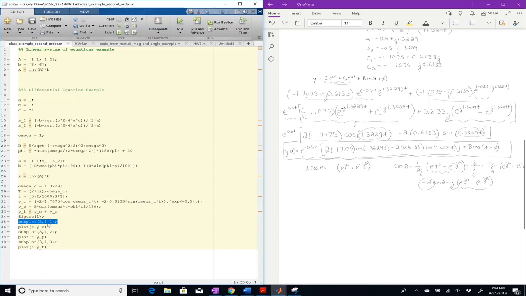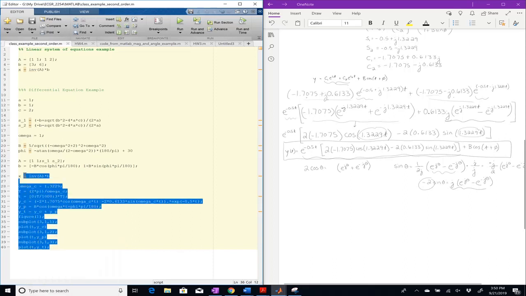So it says in the first row and first column, I want to put this particular plot. And then in the second row, I want to put the plot for the particular solution. And then in the third row, I want to put the total solution. So let's go ahead and plot that.